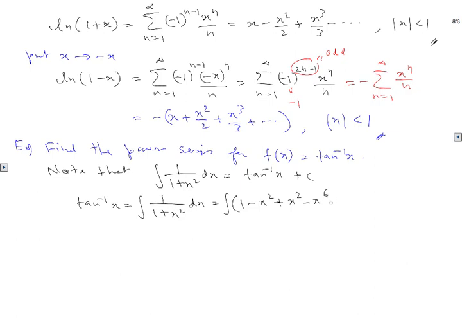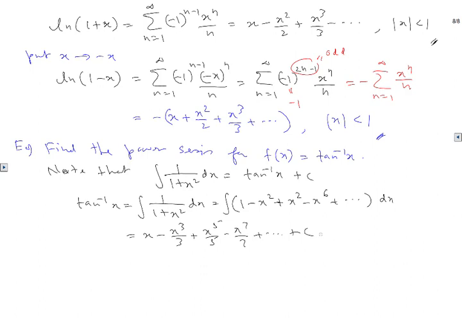So like that, and then dx. If you integrate this one, you end up getting x minus x cubed over 3 plus x to the 5th over 5 minus x to the 7th over 7 plus, like that, plus c.